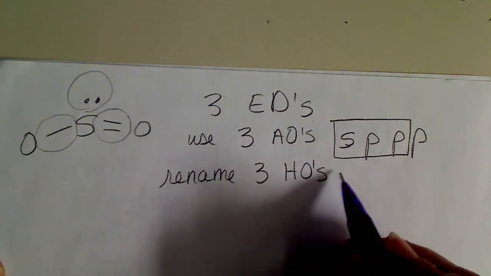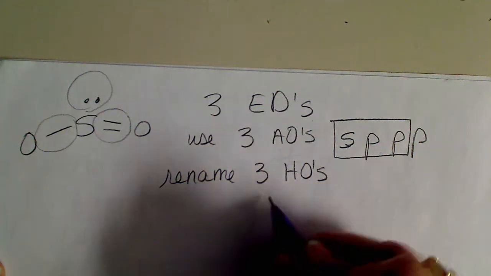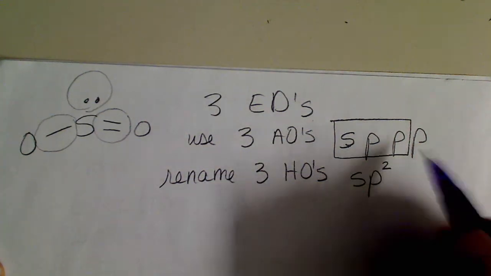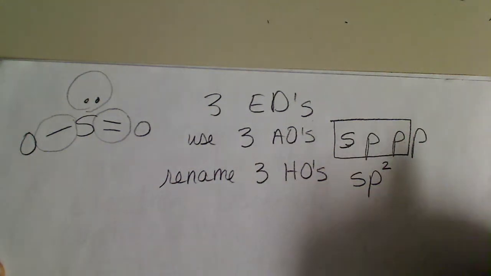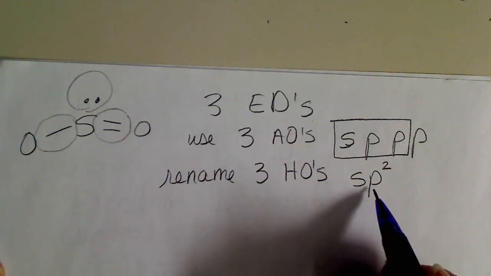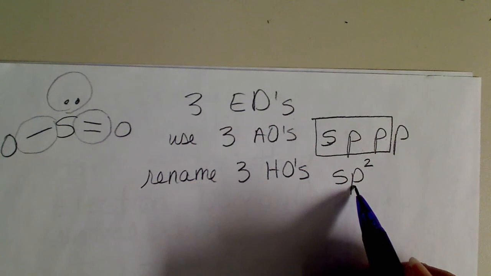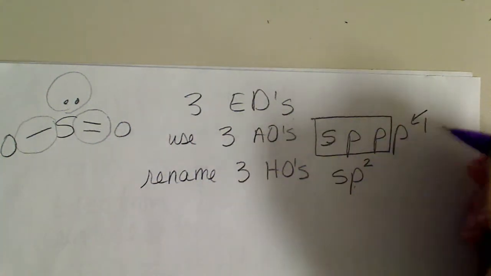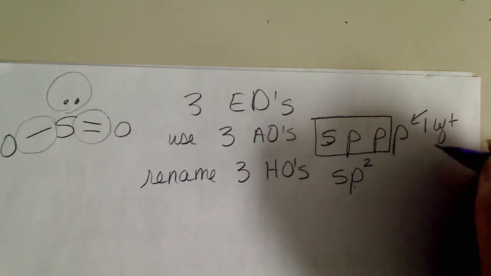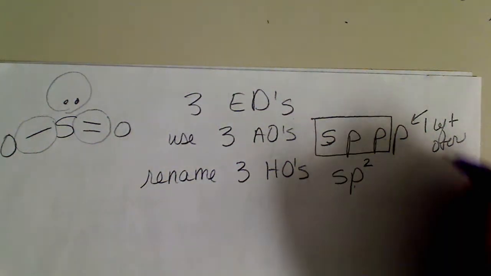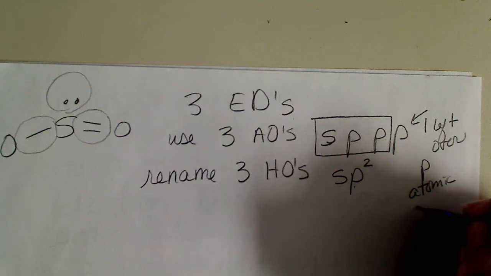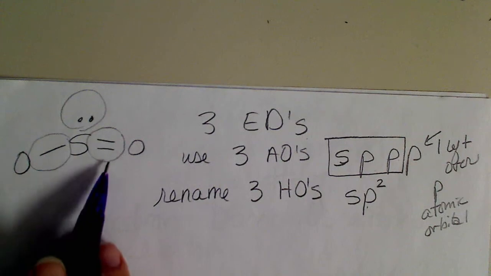So we're going to have 3 hybrid orbitals renamed as sp2. Since we're using 2 p orbitals, we'll have 3 sp2 hybrid orbitals. And then we'll have 1 leftover p atomic orbital, which is going to end up accounting for this double bond.